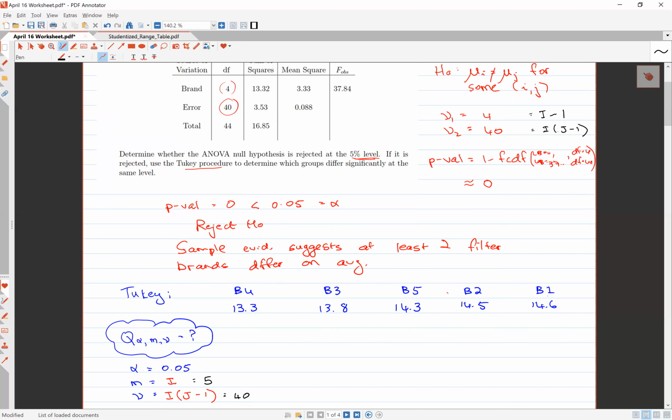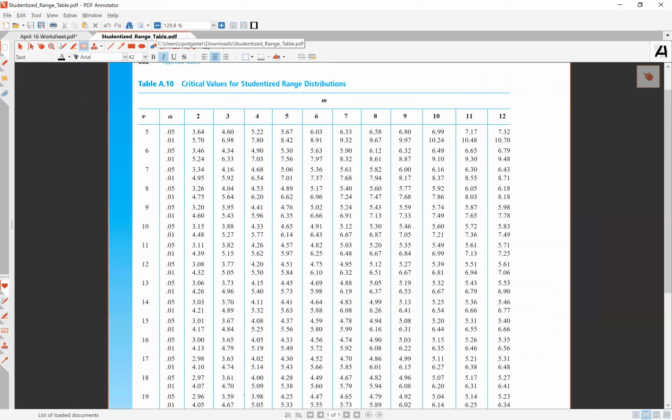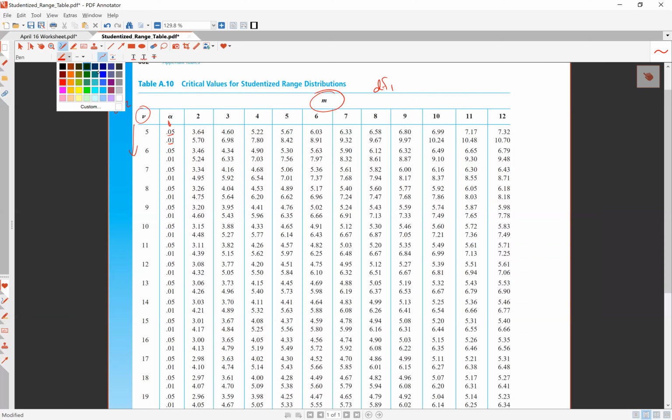So I've uploaded the studentized range table to D2L, and it's also in the back of your book. You'll see here columns correspond to the first degree of freedom value. Rows correspond to the second degrees of freedom value. And then there's a separate column for alpha, and it only gives you alpha 0.05 and alpha 0.1. So in this first example, we know M is equal to 5. So that's the row we'll look at.